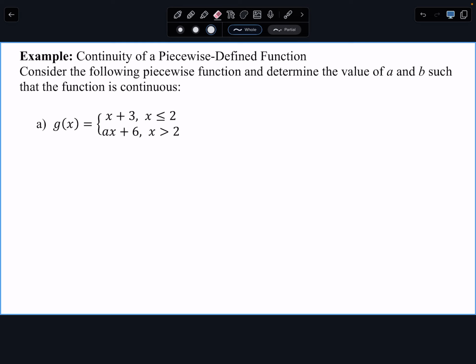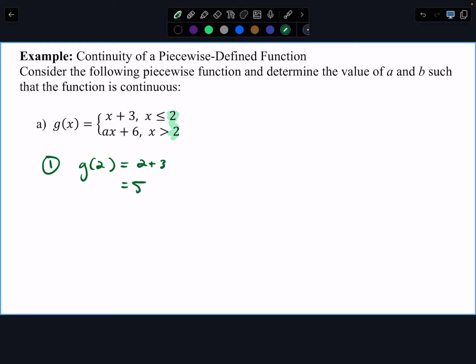So if we focus in on 2, and this is not necessarily how you have to show work, but I'm showing you that you should be thinking about the definition of continuity at a point in doing these problems. If we apply that definition, g of 2 would be 2 plus 3, which is 5.